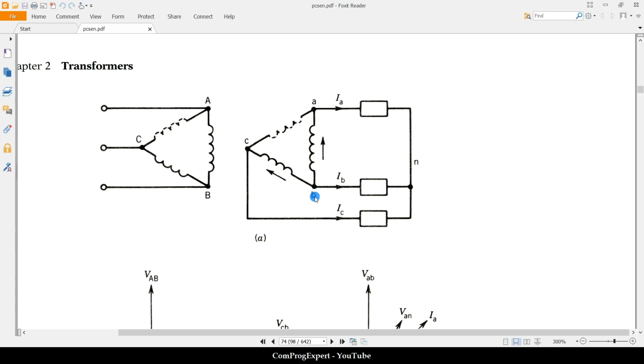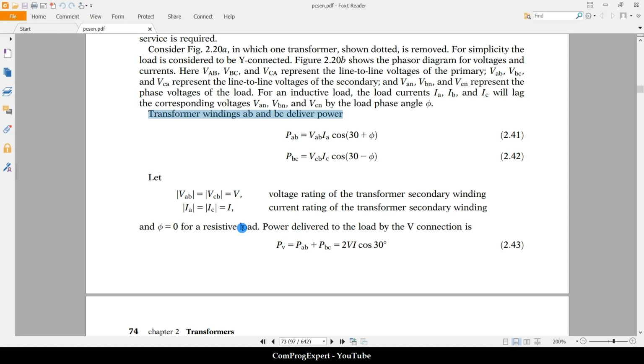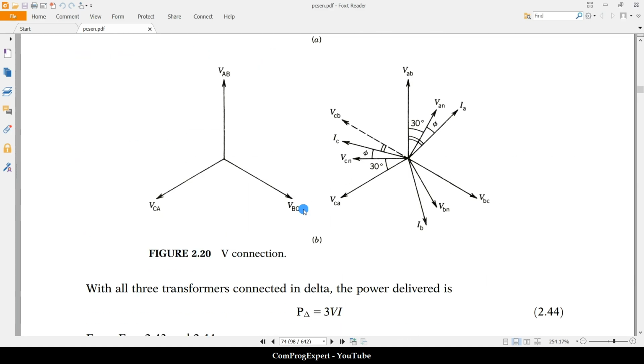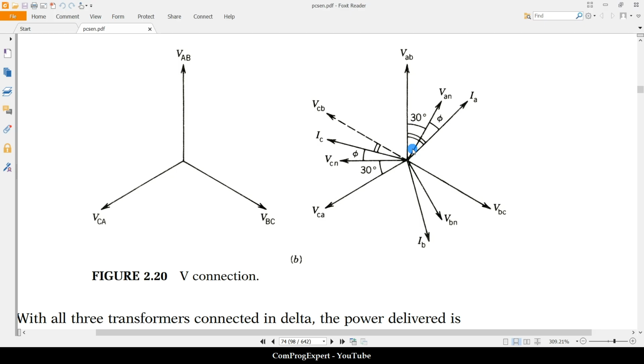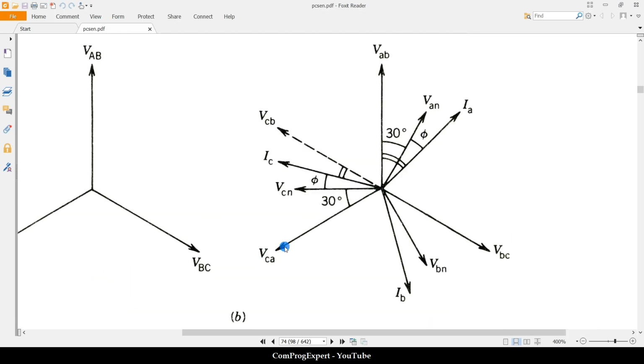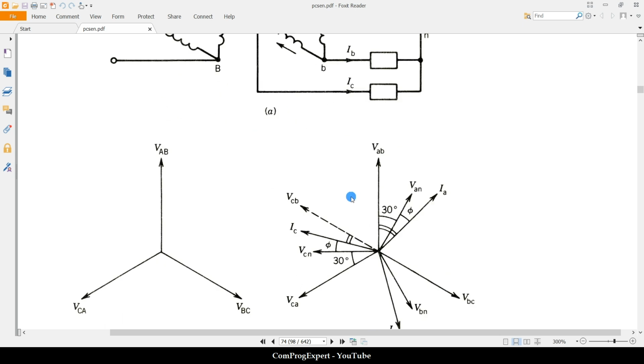Right, this one, the current from B to C. Here you can check, these amplitudes are the same, but this is the current. This is VCA, VCN, and this is IC. The value of the current, right? Here, IC that we have.